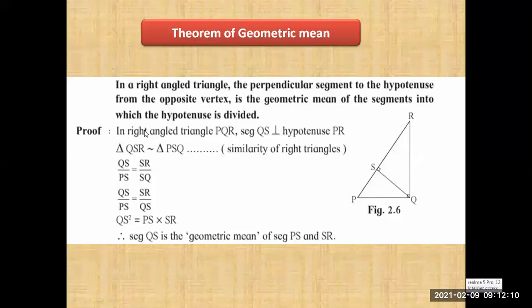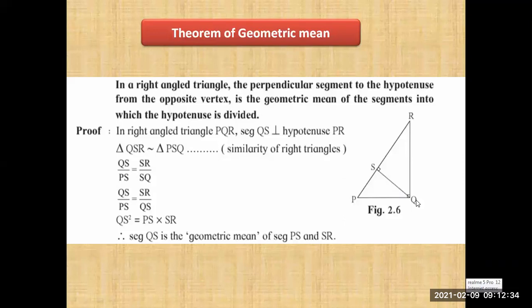So how do we prove? Write down first, in right angle triangle PQR, QS is perpendicular to the hypotenuse PR. First we write the given condition. Then as in the previous theorem, we know that if we draw a perpendicular altitude on the hypotenuse, these two triangles are similar.